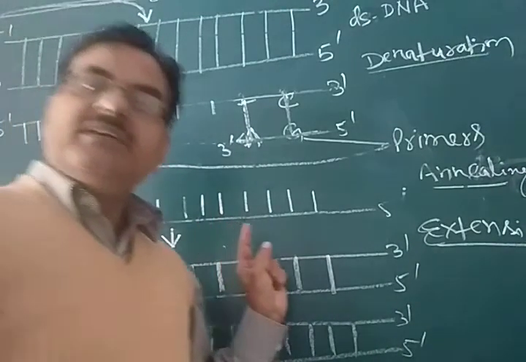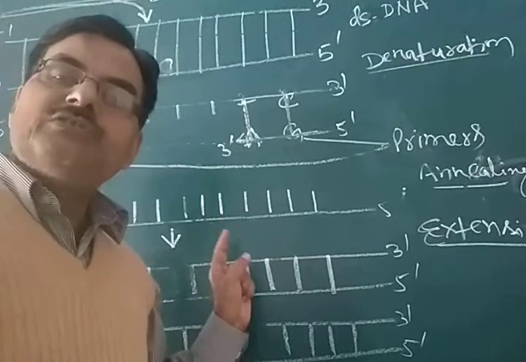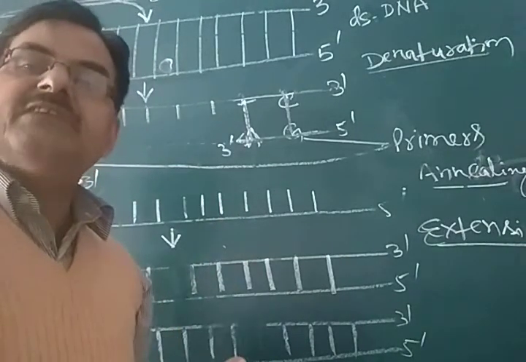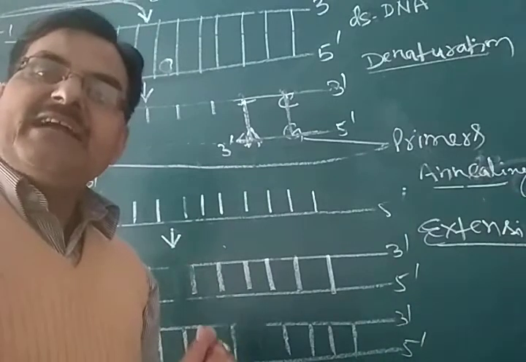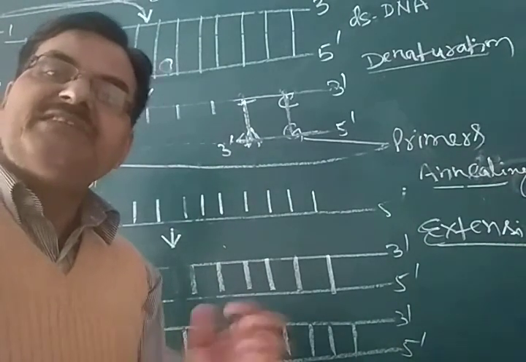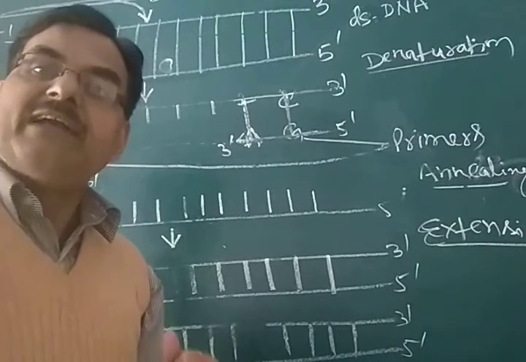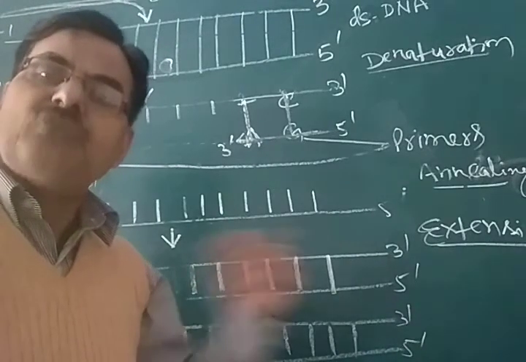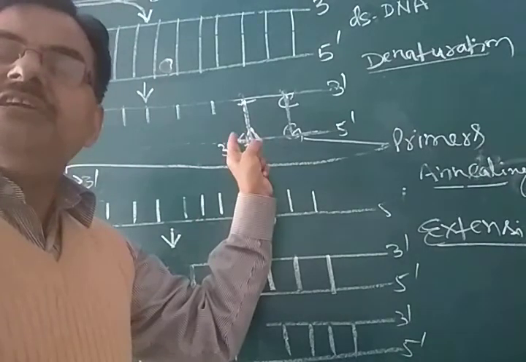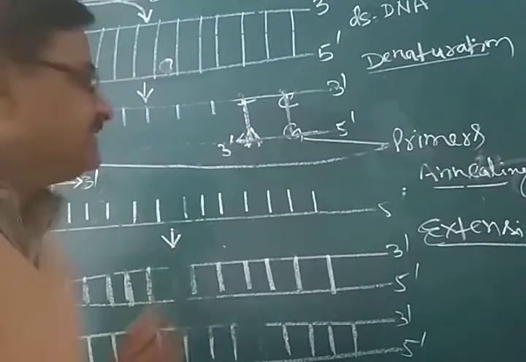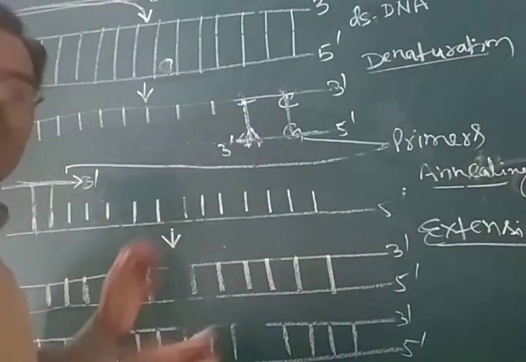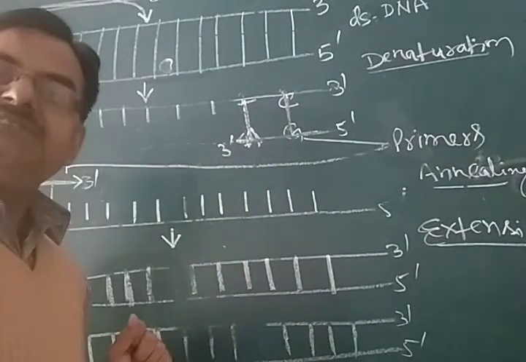So this DNA polymerase, also called Taq polymerase, is the thermostable enzyme isolated from Thermus aquaticus, a bacterium that lives at high temperature. We use it for the polymerization reaction, and now we add the nucleotides to the reaction.